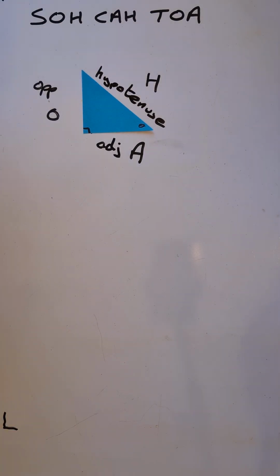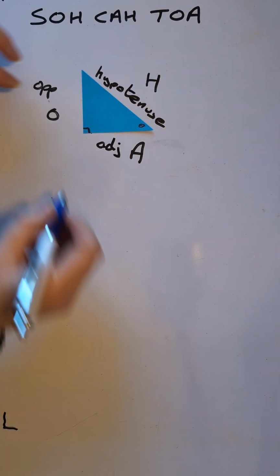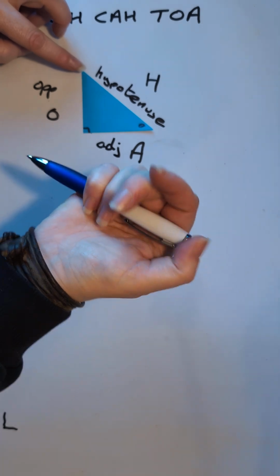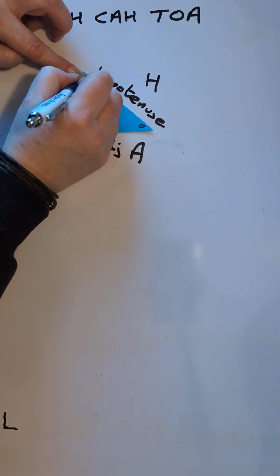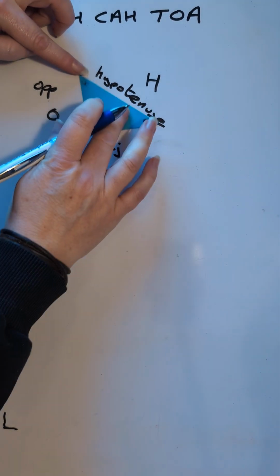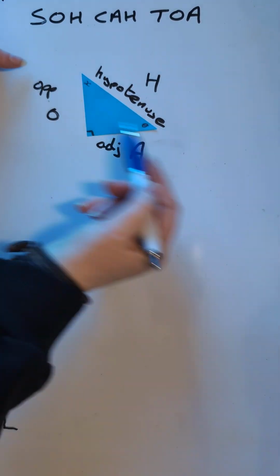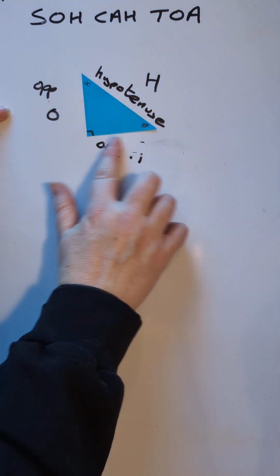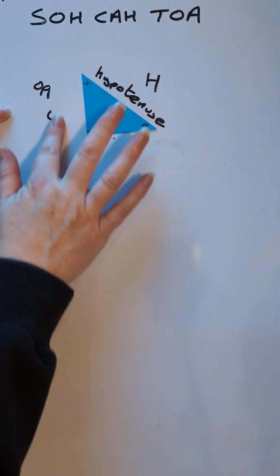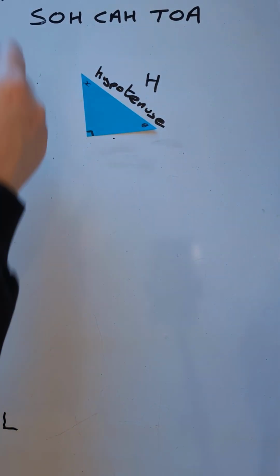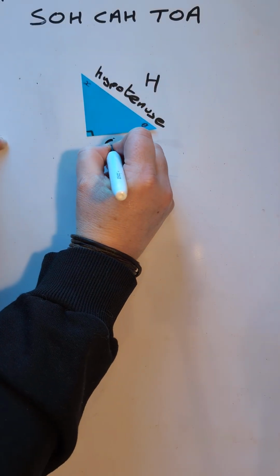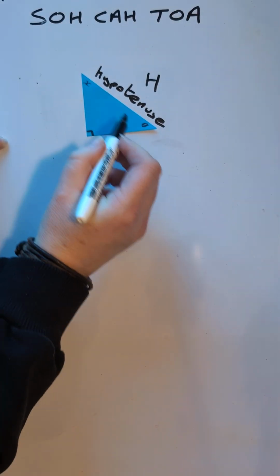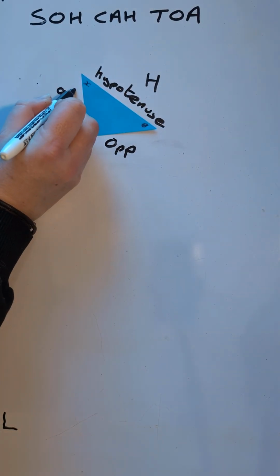If we'd been given the other angle, this one at the top here, I'm going to just put an X on that. Our hypotenuse stays the same, it's still the longest side, but our opposite and our adjacent are in different locations. So we now have our opposite here and our adjacent here.